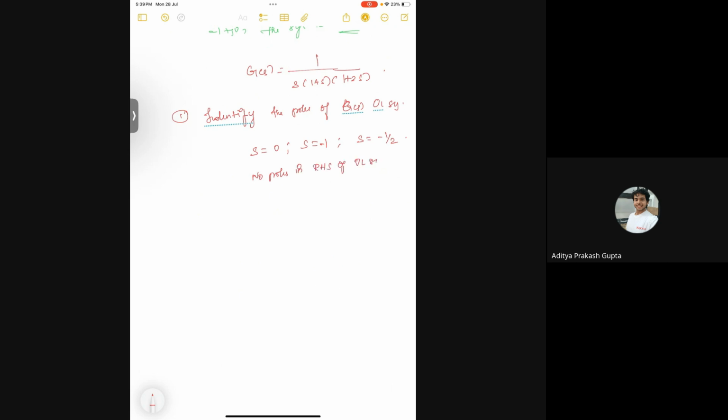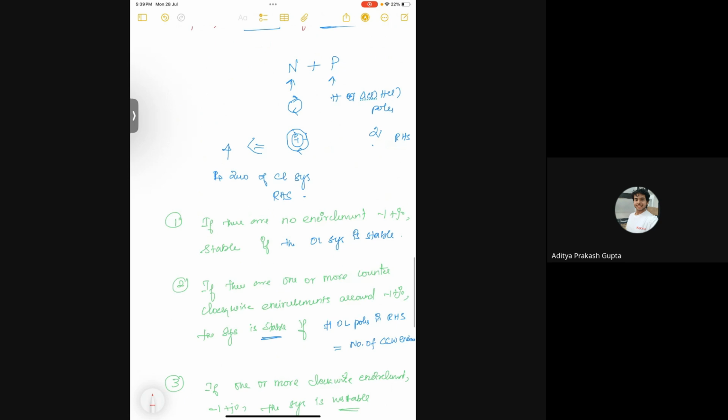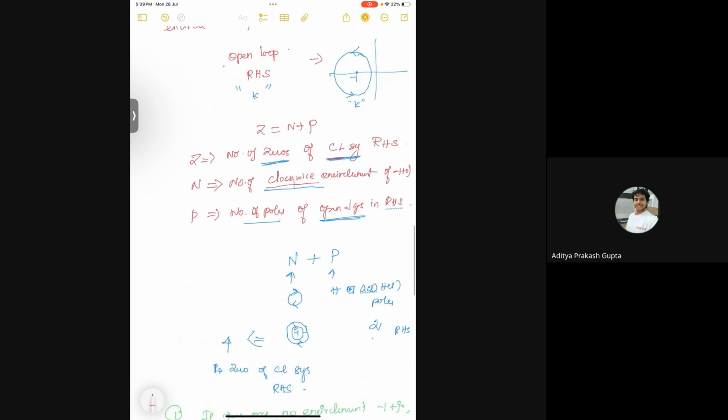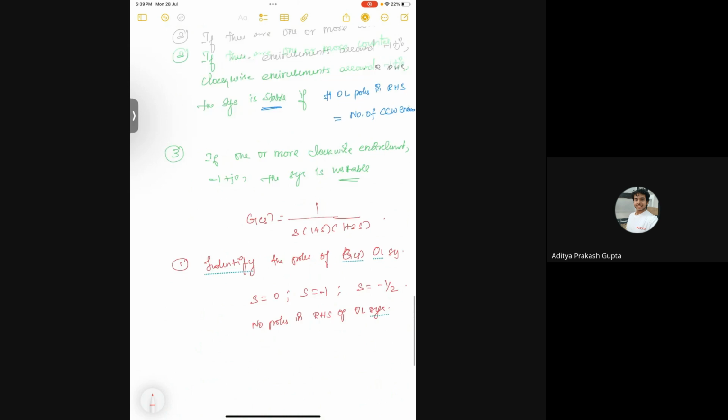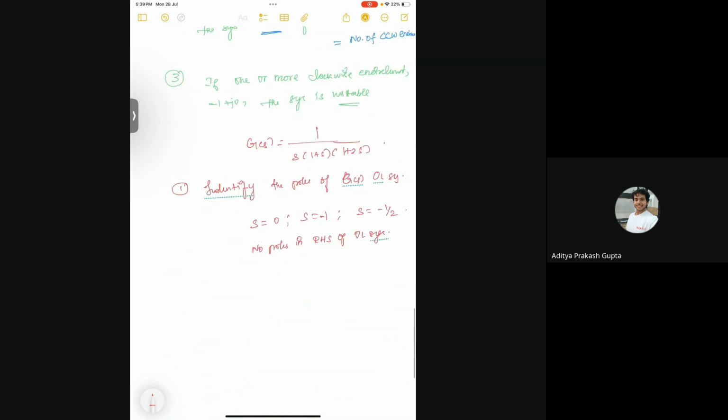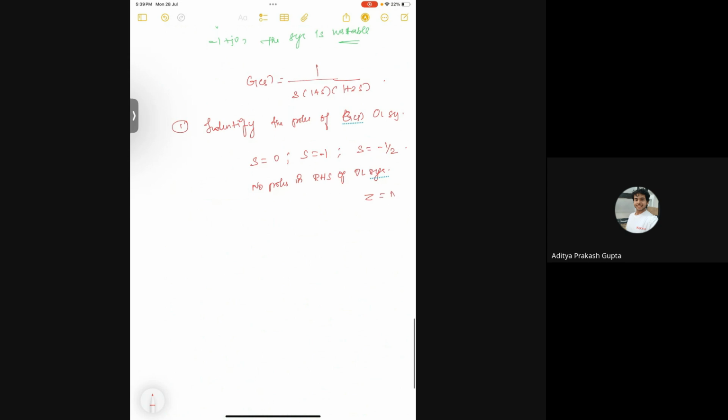Open loop system. So in this formula, where Z is equal to N plus P, P is the number of poles of the open loop system in the RHS, P equal to 0. Z is equal to N plus P, where P is the open loop poles in the right half of the S plane. One of the variables, P, equals 0. The rest of the things we are going to find.